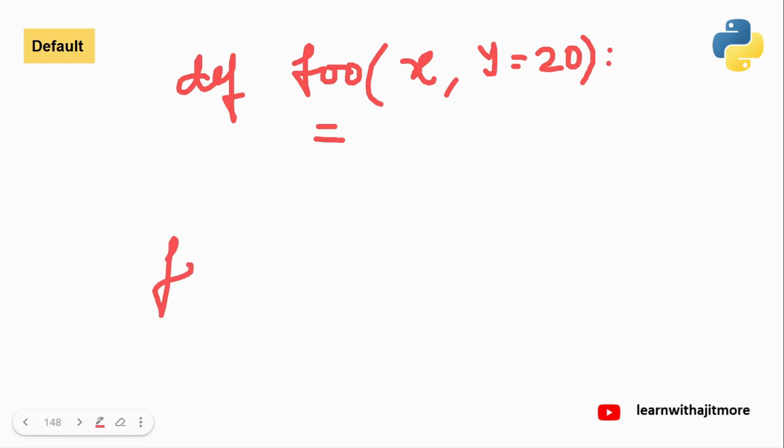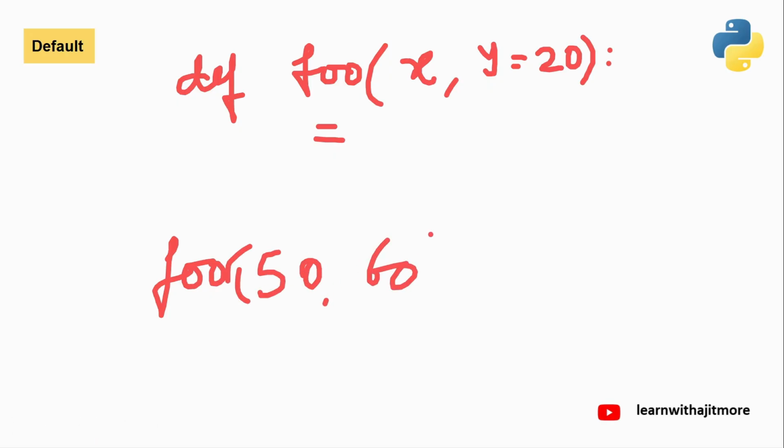See, like if I'm calling foo with 50 and 60, okay? So 50 will go in x, 60 will go in y. It is not going to use the default value because you have given explicit value.